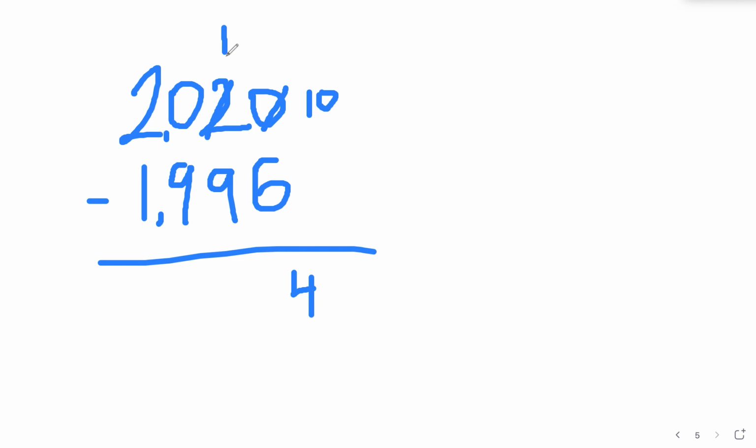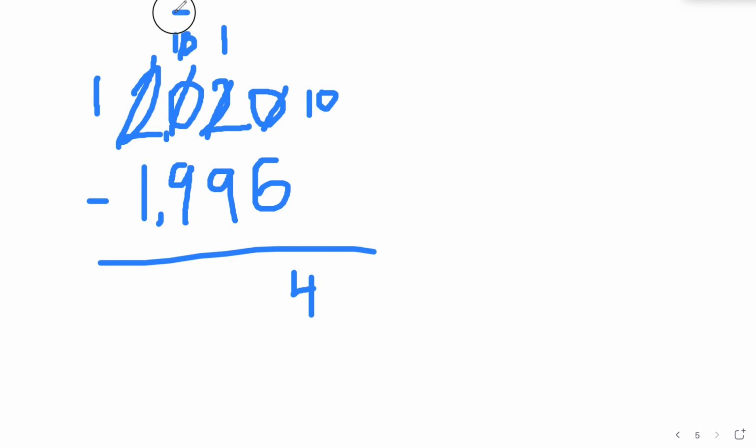Now, can I do 110 minus 9 tens? No, I cannot. So I need to go into the hundreds place. So here we have thousands and here we have hundreds. But I don't have any hundreds here. I have 0. So now I need to get crazy and I need to go into the thousands. So 2,000 minus 1,000 is 1,000. Then we regroup that into 10 hundreds. And so now I can give some to this 1.